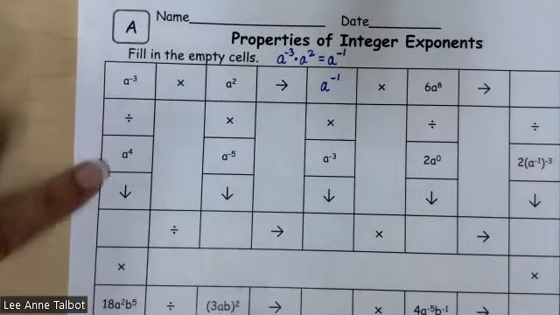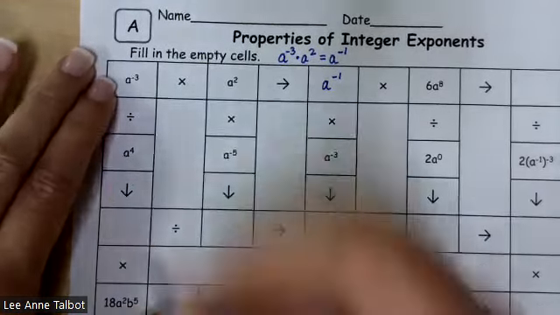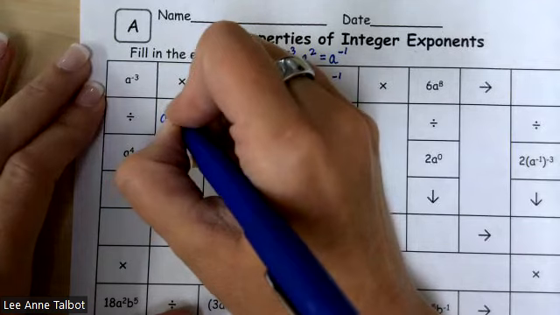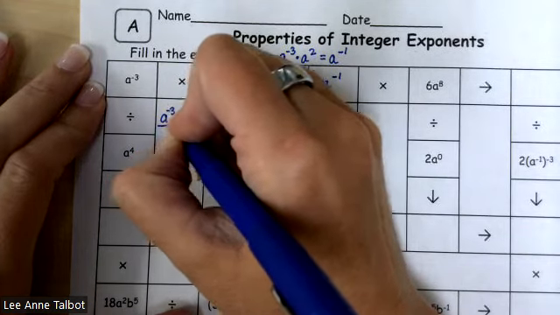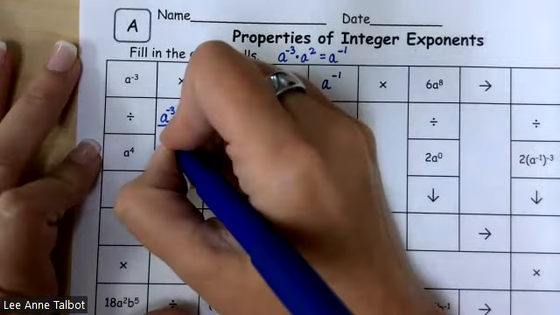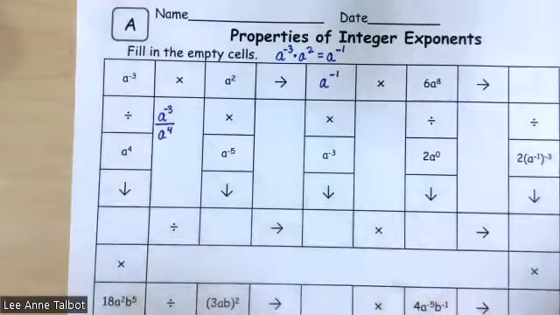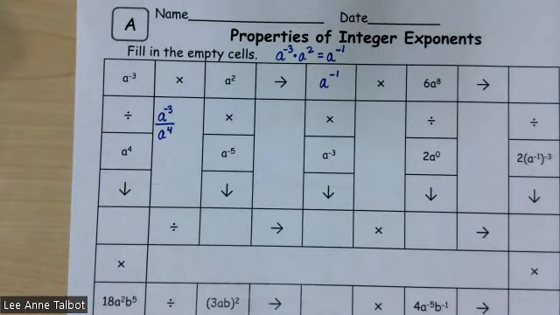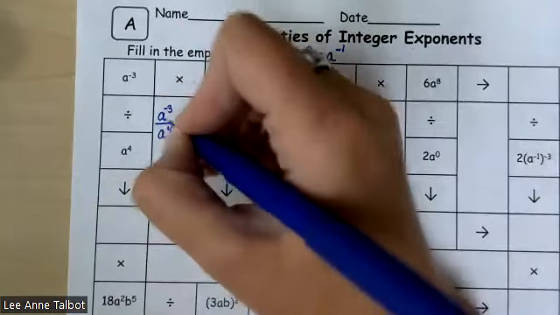Okay, so now we're going to go this direction here. This is a to the negative 3 divided by, so draw that fraction bar, a to the 4th. Okay, what do we do with exponents when it's division? Subtract.